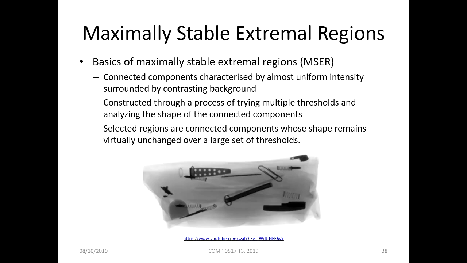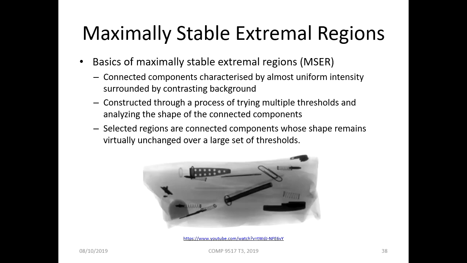Because what you can do then is use thresholding, but consider the results of thresholding for a whole range of different threshold values. You look at what objects every threshold produces, and how long objects remain stable.